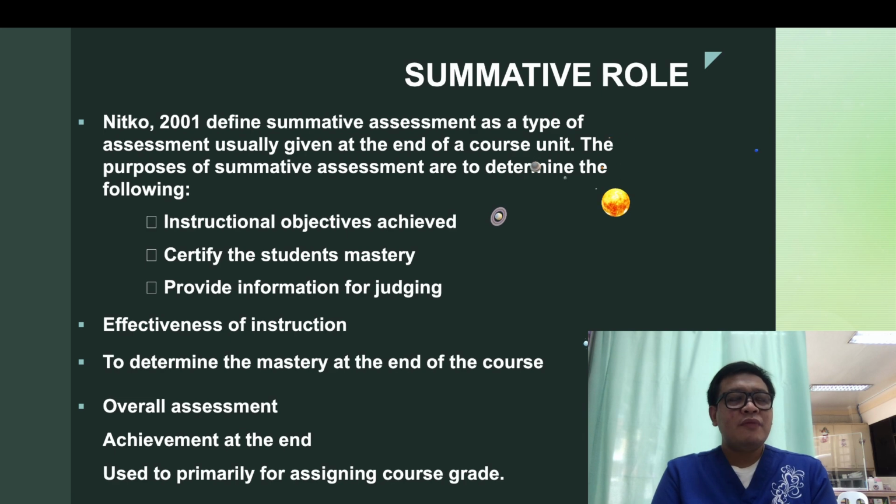It's also one way for us to determine, through the summative role, the effectiveness of the instruction. This also determines the mastery at the end of the course and the overall assessment if it's being achieved at the end, or being used primarily for assigning the course grade.